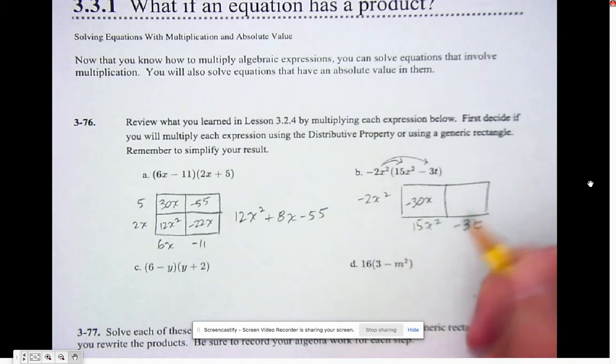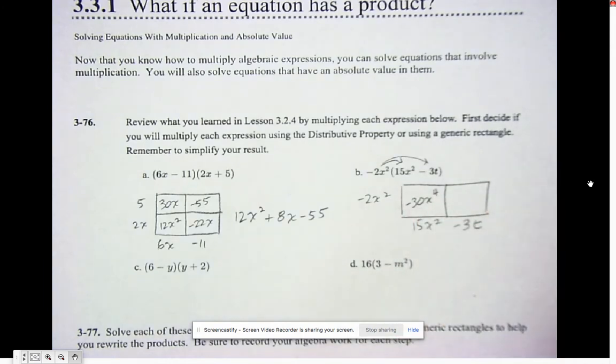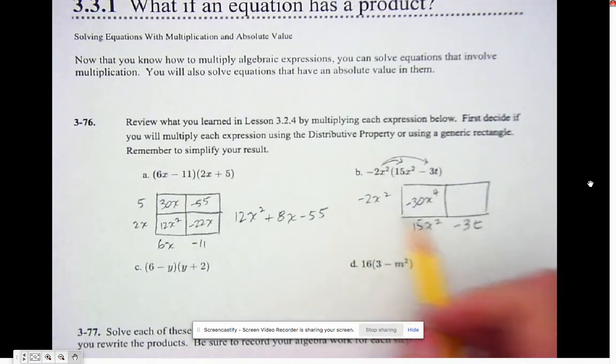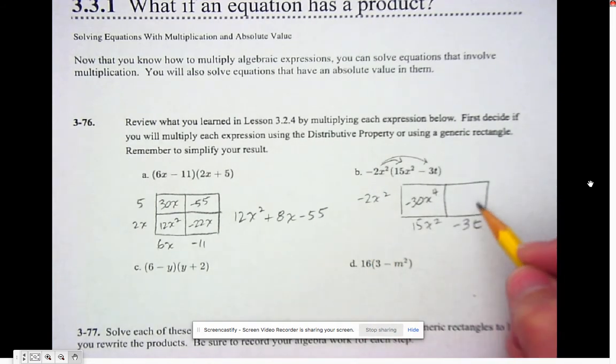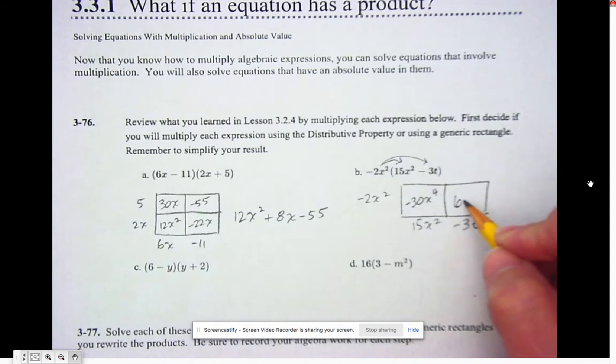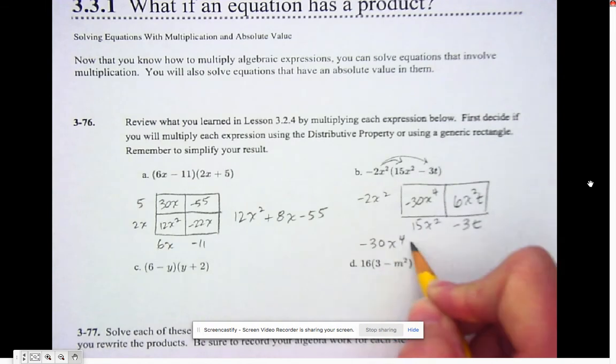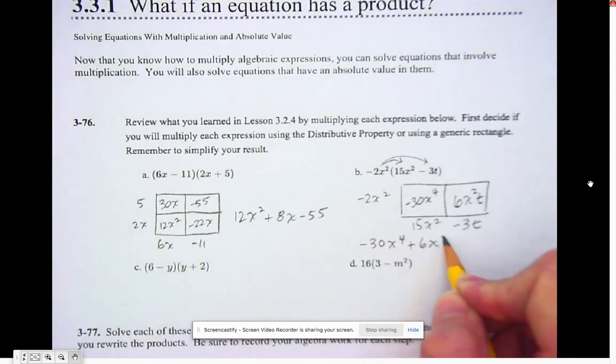And then x squared times x squared is x to the fourth, same base. When I'm multiplying, I'm going to add the exponents. Now I've got negative 2 times negative 3. That's going to give me 6. These are different bases, so I'm just going to leave it as x squared and then t. So I've got negative 30x to the fourth plus 6x squared t.